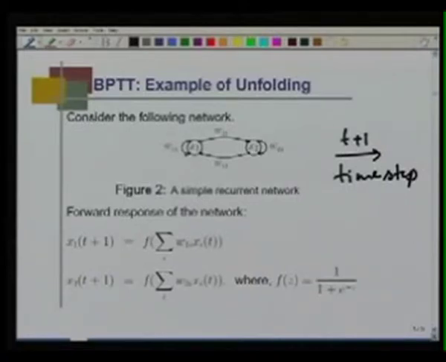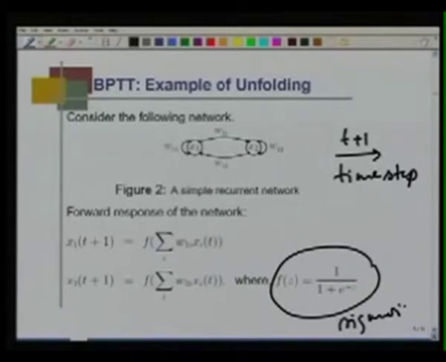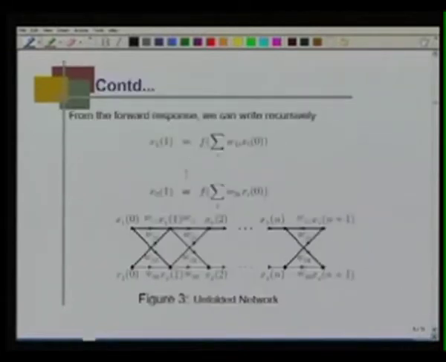Normally we use a sigmoidal activation function, so f is a sigmoidal activation function. Similarly x2 t plus 1 is a function of x2 t, w21 and w22. So, w21 is multiplied with the corresponding input signal x1 t and w22 is multiplied with the corresponding input signal x2 t, okay. And this is our forward response of the network.